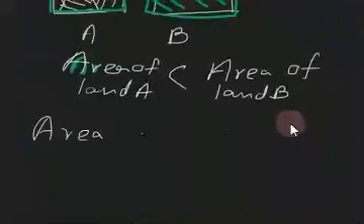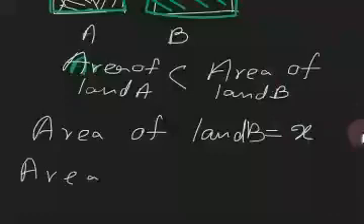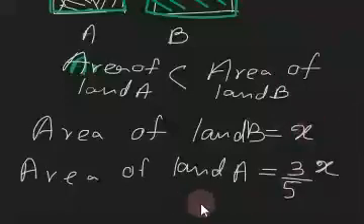Area of land B equals x. So the area of land A is given as 3/5 of x. Now you can write the ratio for the area of land A and land B.